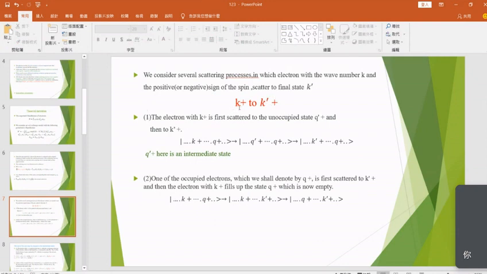First we consider k plus to k prime plus. The electron with k plus is first scattered to an unoccupied intermediate state q prime, and then to k prime plus. This is the initial k, and this q prime state is the so-called intermediate state, then it goes to k prime. But the other electrons are unchanged.